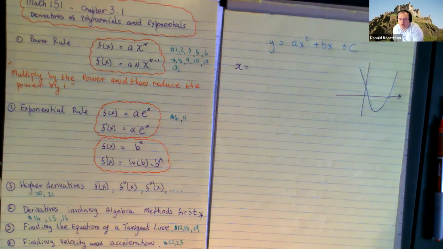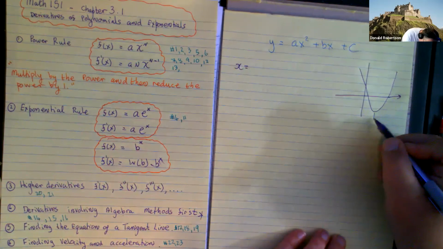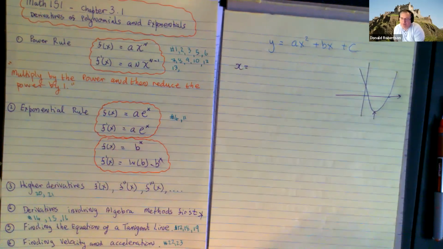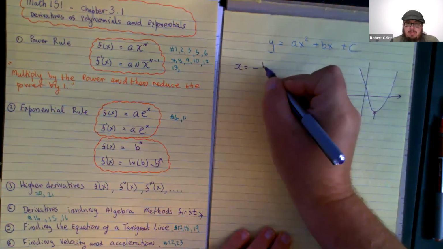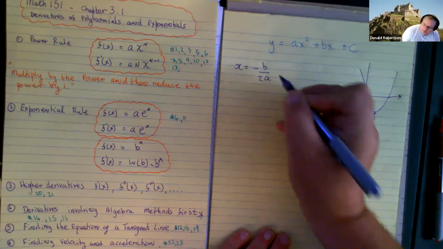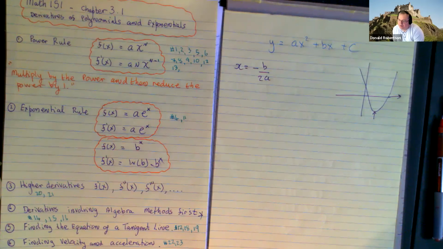Does anybody know the formula for the x coordinate of the vertex, which is that point there? -b/2a. Correct. Do you remember that now that you've heard it? That the x coordinate of the vertex of a quadratic parabola is -b/2a.